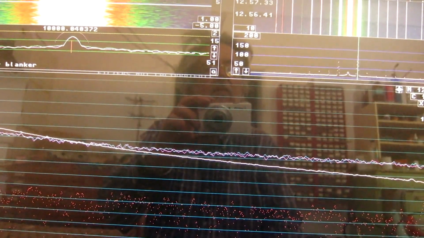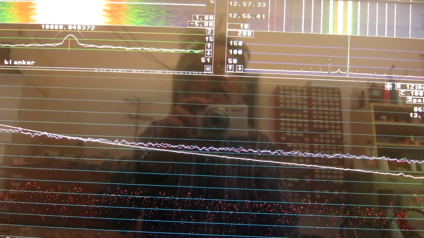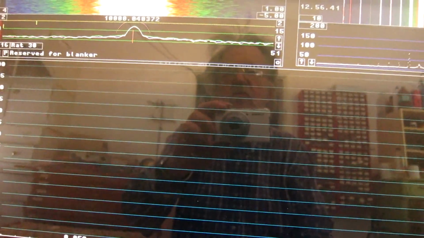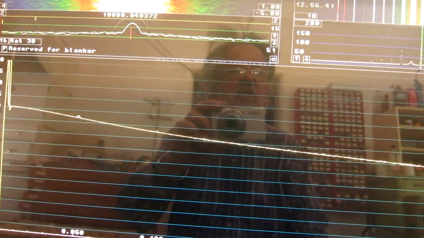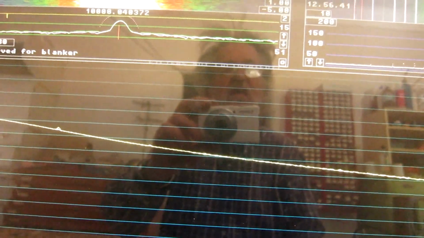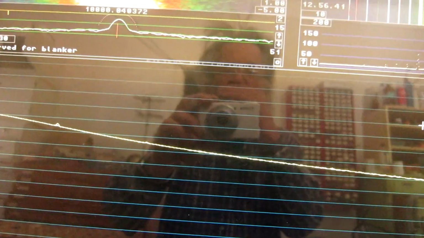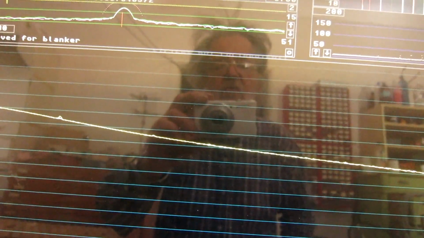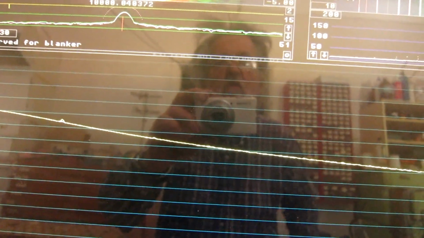It looks similar. And I can click once more to get amplitude noise and phase noise at the same time. And there isn't any difference. AM noise and phase noise are equally strong. And that is exactly what one should expect, because the noise I see is the white noise. It is not sideband noise anymore.